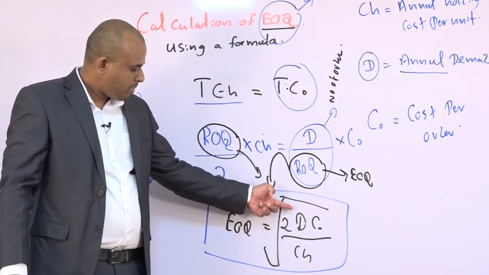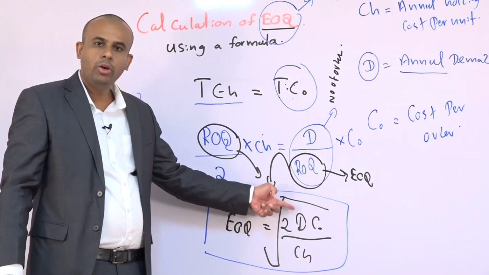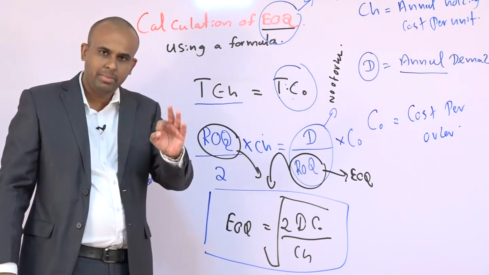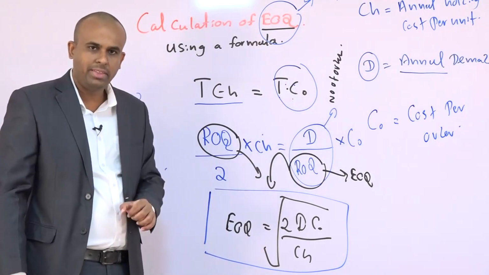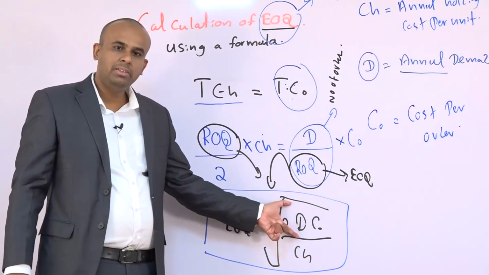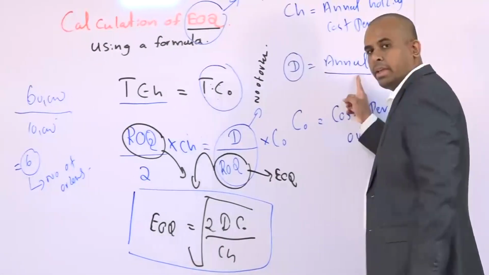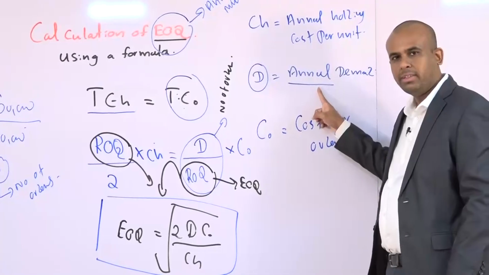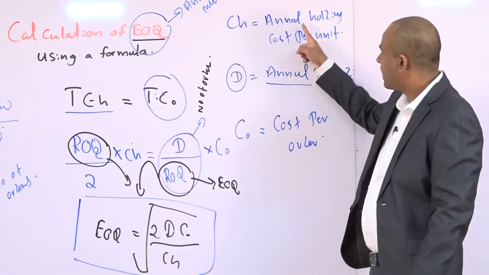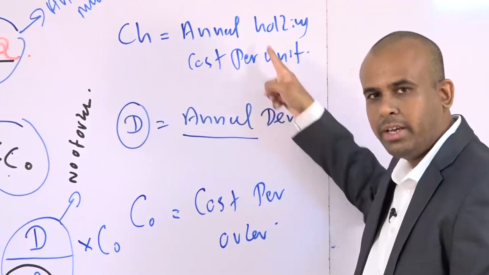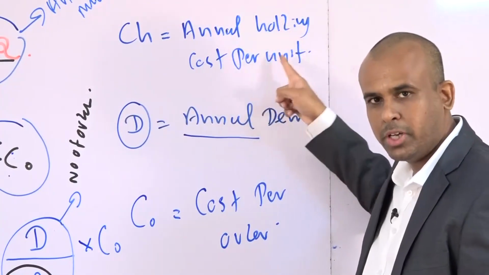So then basically economic order quantity has 3 parameters, 3 determinants, 3 variables. What are the 3 variables which determine the economic order quantity? One is annual demand. Second, annual holding cost per unit.